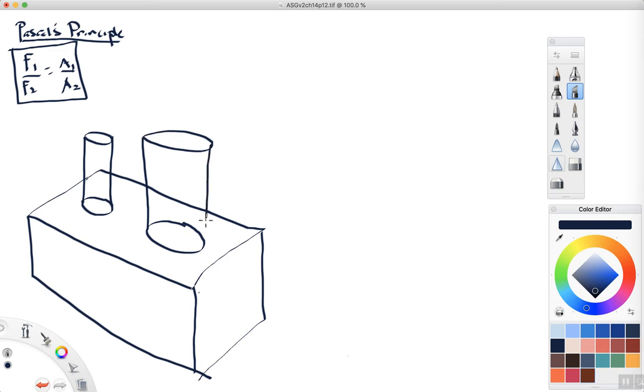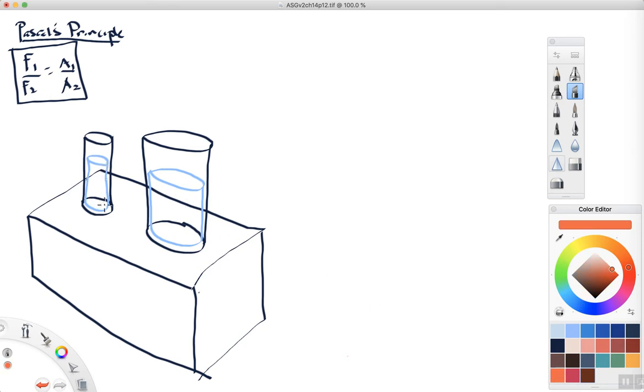We have these two tubes that are soldered in like that. And let's suppose that this entire chamber is filled with fluid, up to some depth on both sides. So the fluid is in the chamber and it's also filling up these two tubes that are coming out of the top.